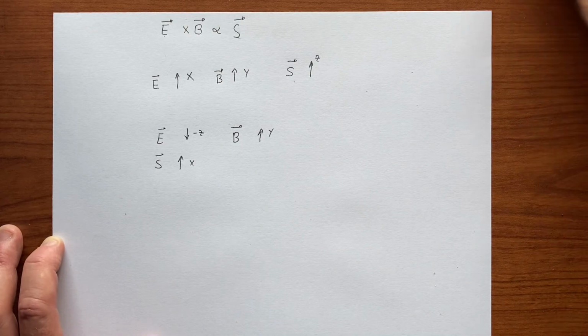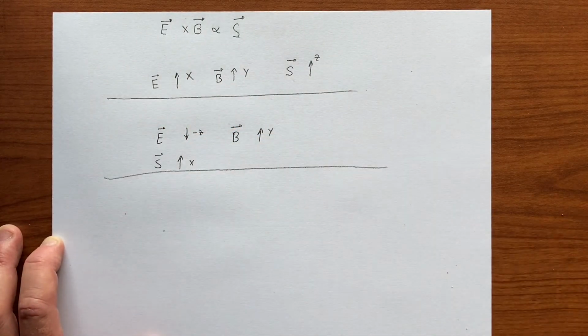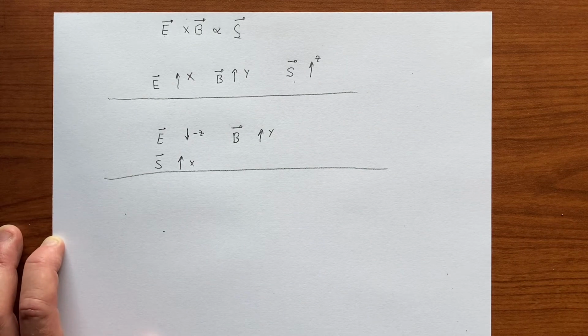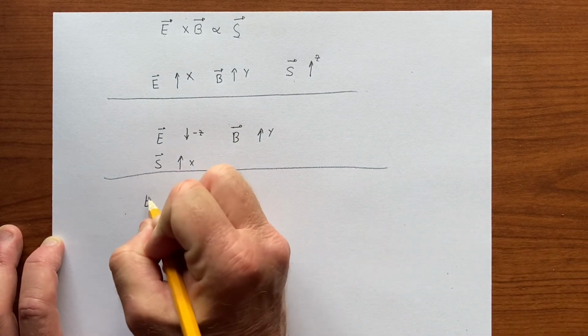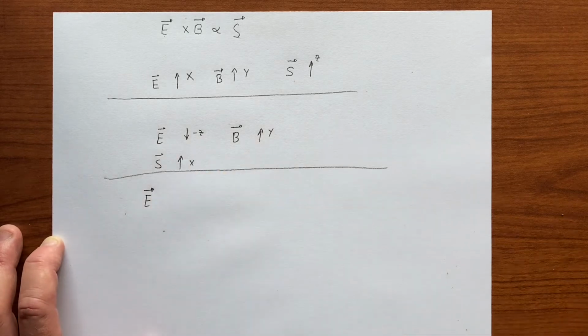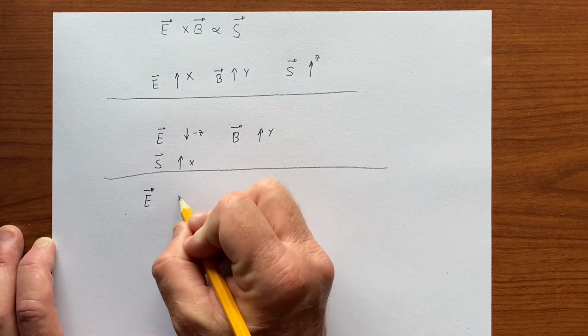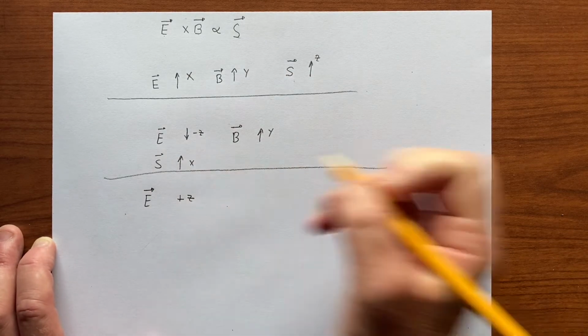Let's think of another case where we have the electric field of an electromagnetic wave. These are plane electromagnetic waves. This is pointing in plus z direction.